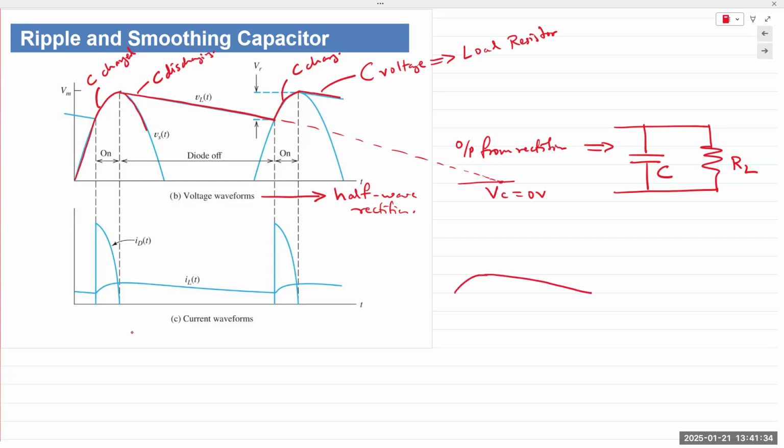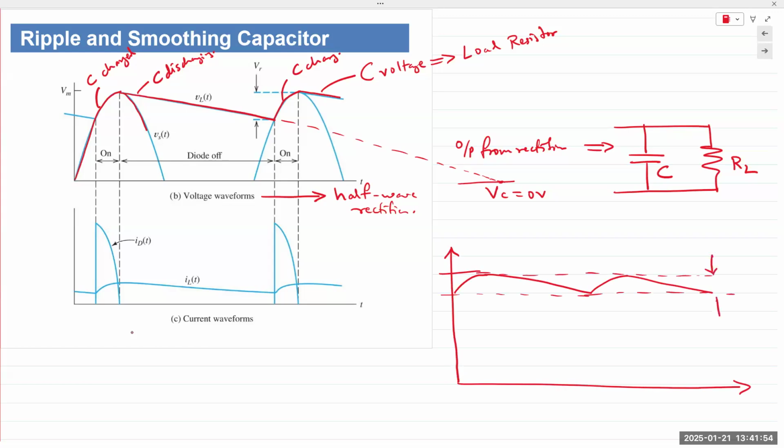It charges, then discharges, charges, and then discharges. The actual waveform, of course, now has a higher level than the previous output from the rectifier circuit.